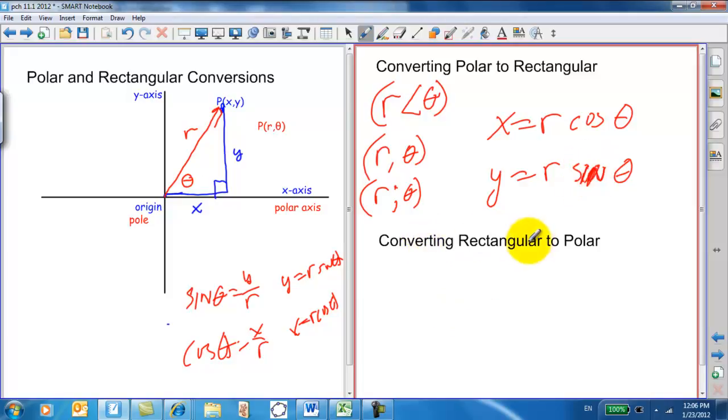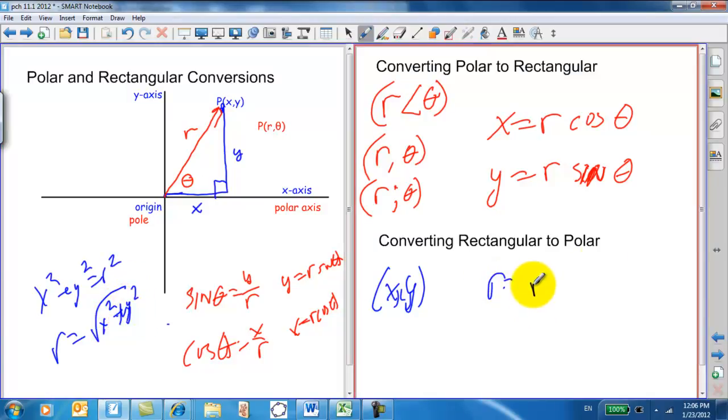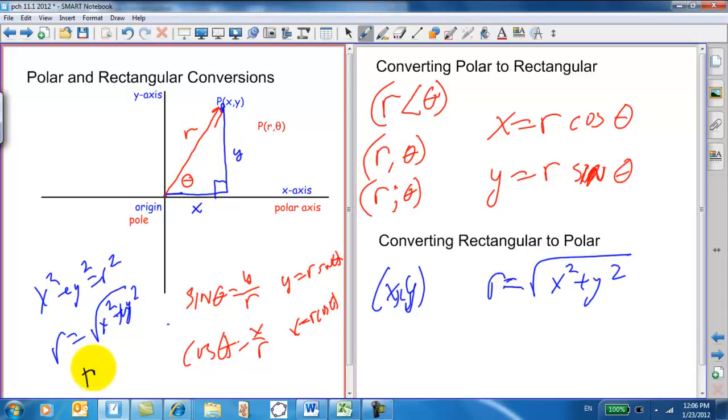Now converting rectangular to polar. Now we start with the x and y coordinates. How do we get r and theta? Well, remember x squared plus y squared equals r squared from the Pythagorean theorem. So r is the square root of x squared plus y squared. I don't normally say plus or minus because I want you to give me the positive value for this. And then the tangent of theta equals y over x.